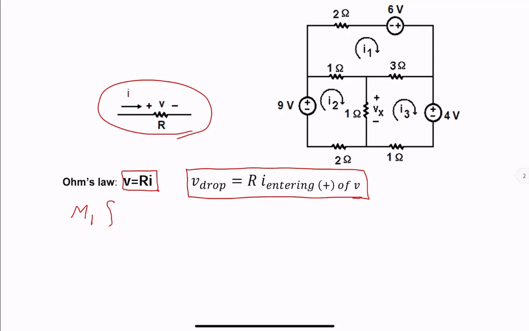First element that we see is the 2 ohm resistor, and voltage across that using current I1 is 2I1, RI1. Again, we are going in the direction of the current, so V is Ri. Next, we see an independent voltage source. We are entering its negative side, so whatever is written there, change the sign of it. So we have -6.